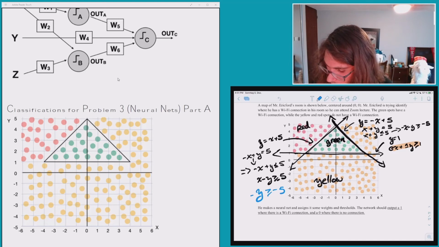So if I multiply that by -1 across the board, y is less than or equal to 5. And where is that? That is here.